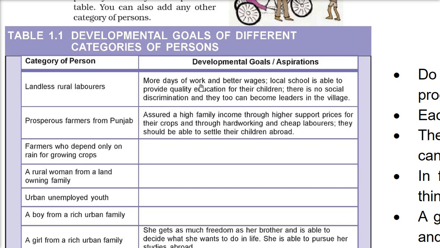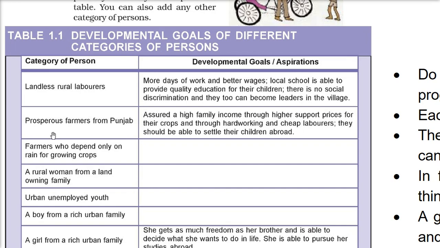It means he wants more days of work, good money, and a good quality school for his children. Because he is a landless laborer, he doesn't want any discrimination on caste or creed, and they too can become leaders in the village.